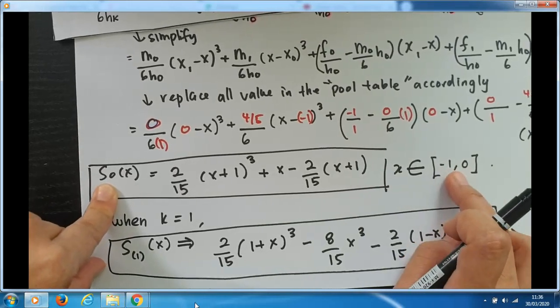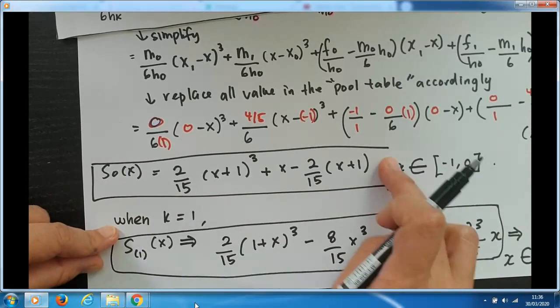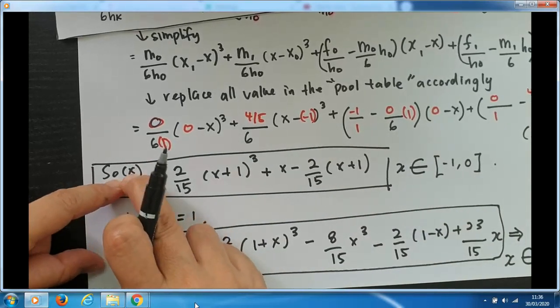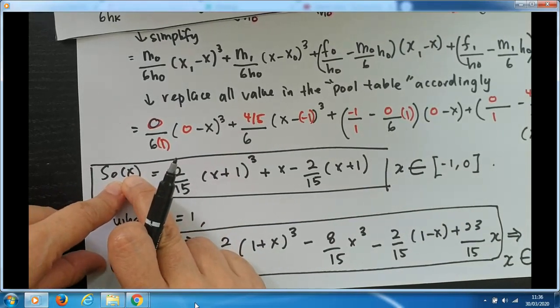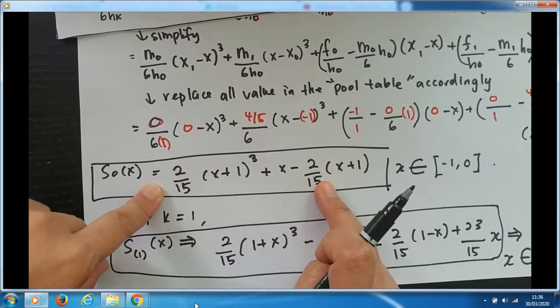When x equals negative 0.8, what is its y value? Okay, so you use this formula. Just replace this x with negative 0.8 and then you will get the final value of y.